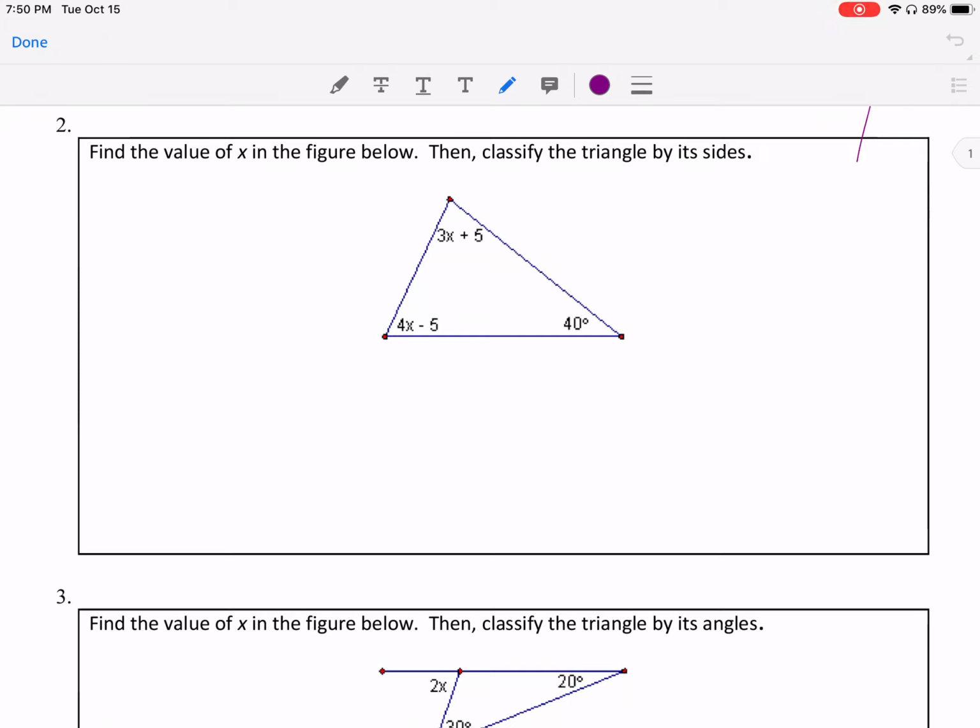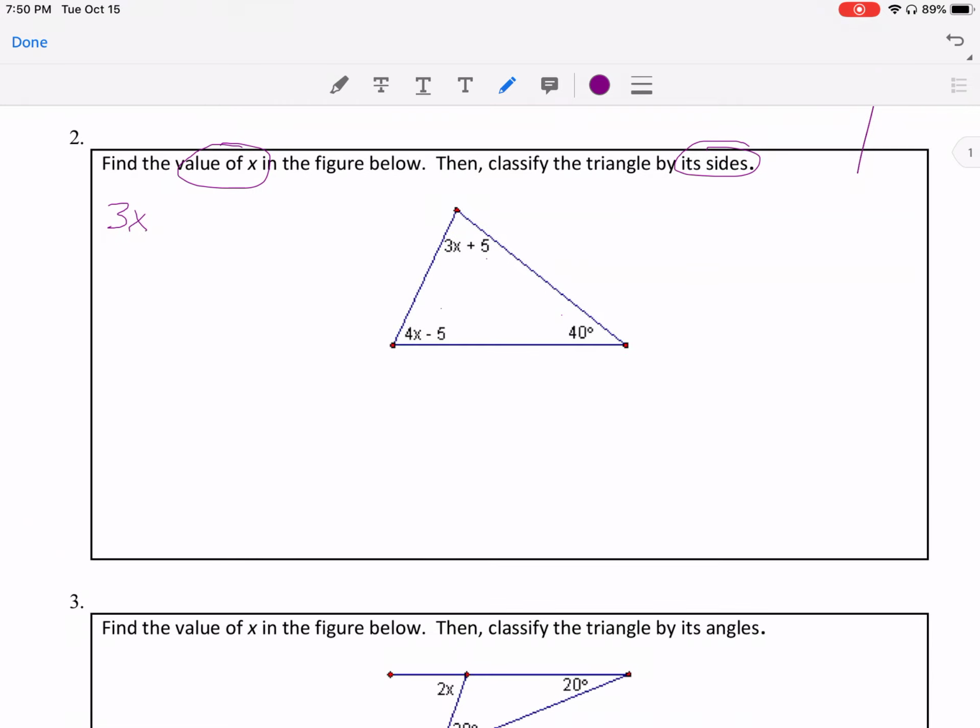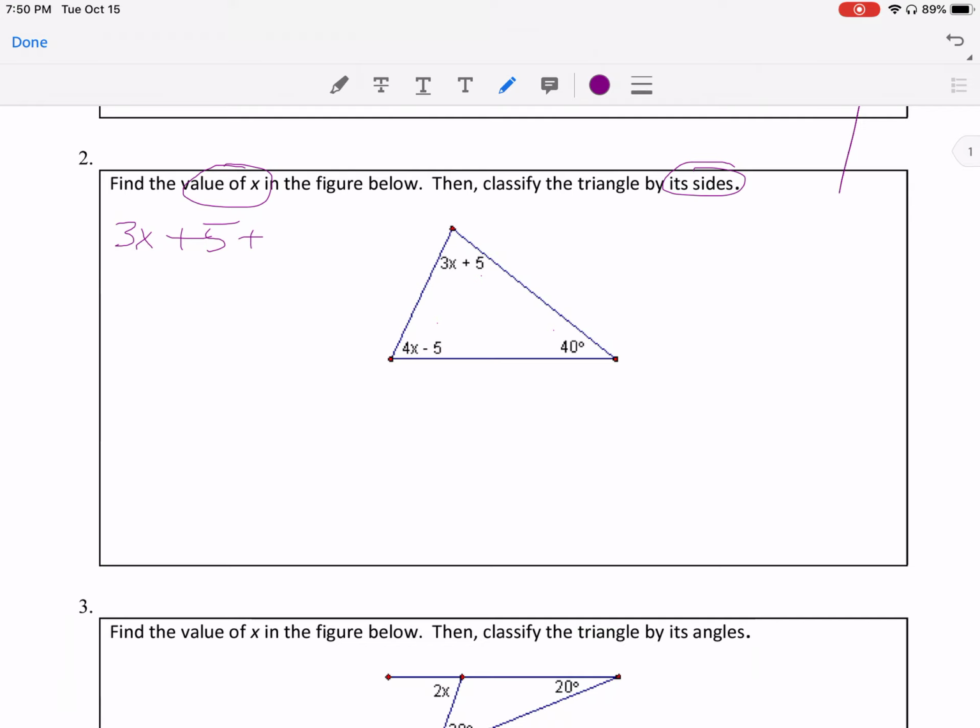So the next thing is we want to classify the triangle by its sides. If we know what these three angles are, then we know the measures of the sides. So first we find the value of x, then we classify by its sides. I know that the sum of the measure of the three angles in a triangle is 180 degrees. So I know 3x plus 5 plus 4x minus 5 plus 40 is equal to 180.